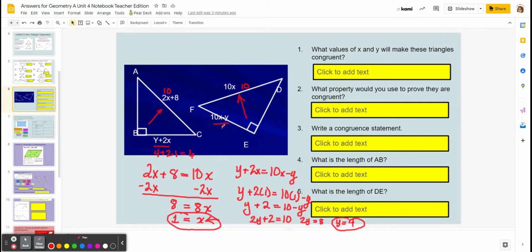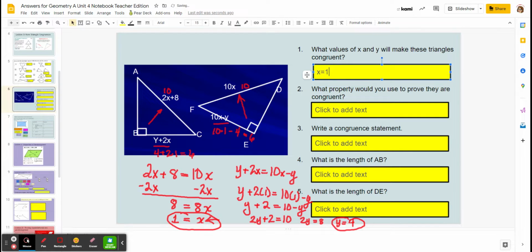We check this side. 10 times 1 minus y, which we said is 4. That would be 10 minus 4, 6. So now we have another set of congruent sides that are corresponding. So the answer to the first one is when x equals 1 and y equals 4.